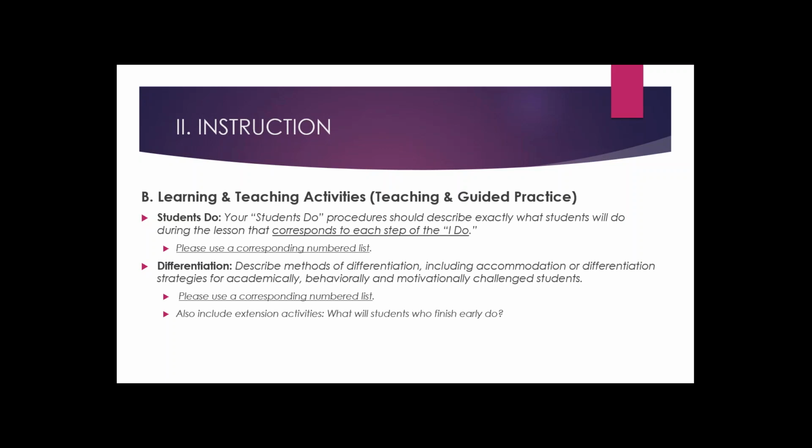With the activity for the butterfly thing, they're probably going to gather around the tank, or if you bring the tank to wherever you're sitting, they're going to look at the tank. And so whatever the students do correlates with what you do. So once you figure out what the I do section is, the students do section gets a little easier, and you're just trying to meet the learning needs of the students in that section.